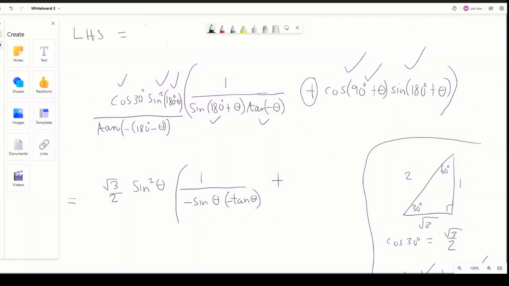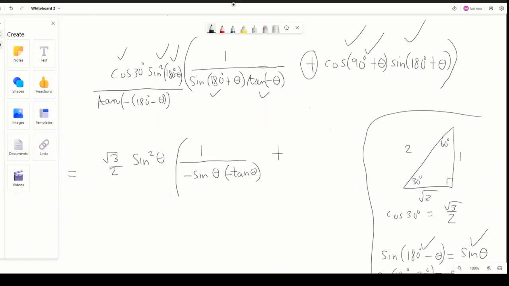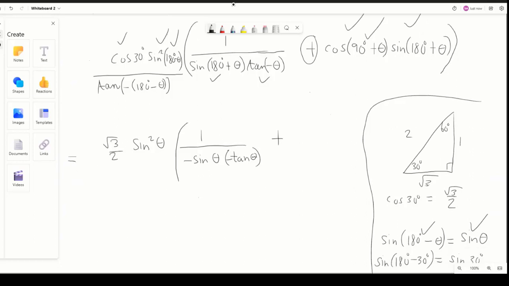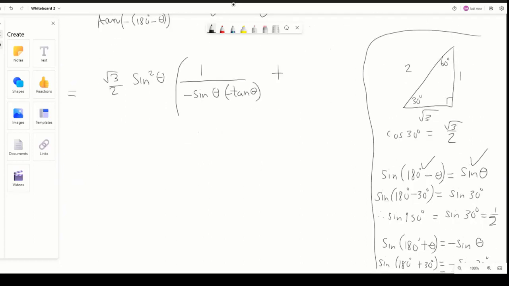We just need to check the cos of 90 plus theta. Right. The cos of 90 plus theta. What is the cos of 90 plus theta, guys? Negative sine.